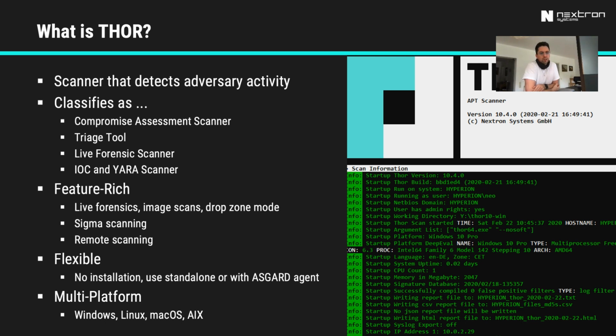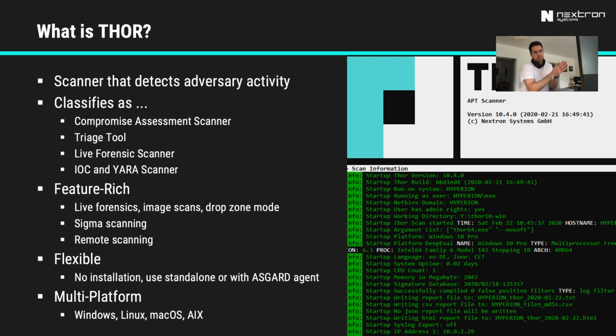And today, if someone asks, we say that's a compromise assessment scanner, because compromise assessment is a term that's already used in different organizations, and people understand what it means. That wasn't the case in the past. So many marketing materials and pages still promote it as an APT scanner.